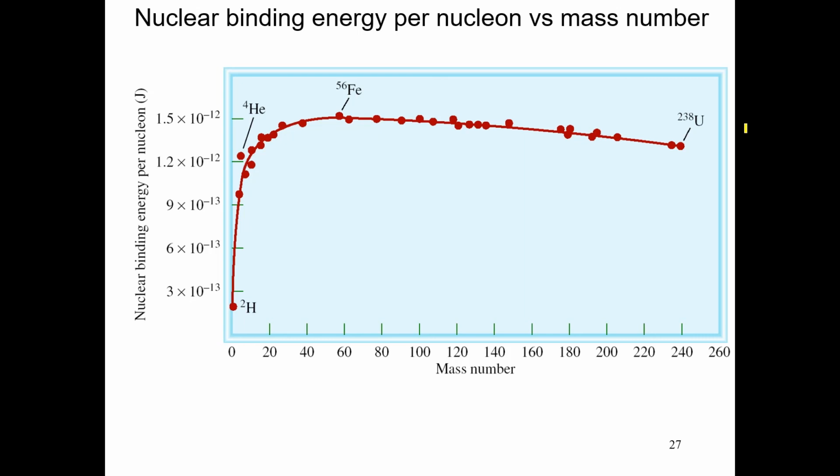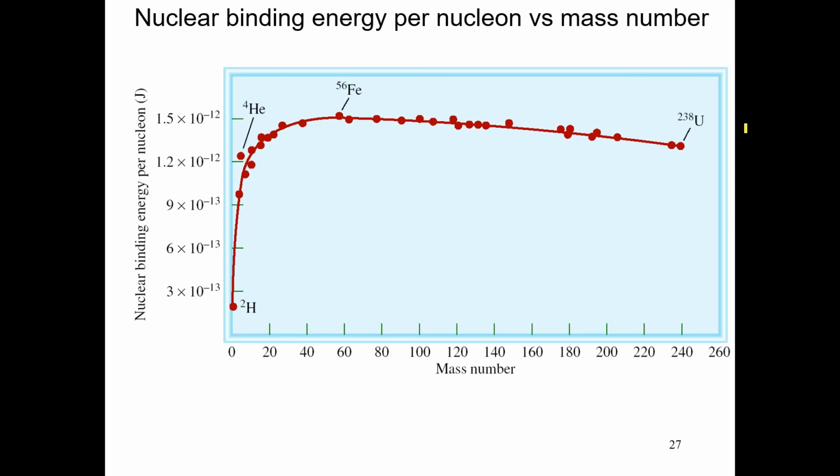And then as you increase the mass number, you start increasing nuclear binding. Remember, the more nuclear binding energy per nucleon you have, the more energy it takes to break up that particular nucleus, or in other words, the more stable that nucleus is.